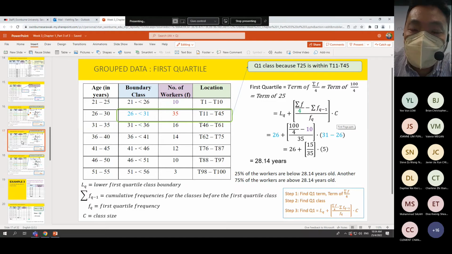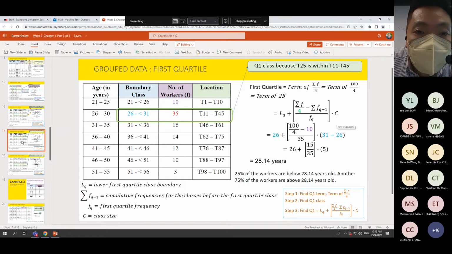So the first class is not the Q1 class, out. We move to the second class, check. The second class is for T11 to T45, and T25 is in between here, right? Yes. This is the Q1 class because T25 is between T11 and T45.